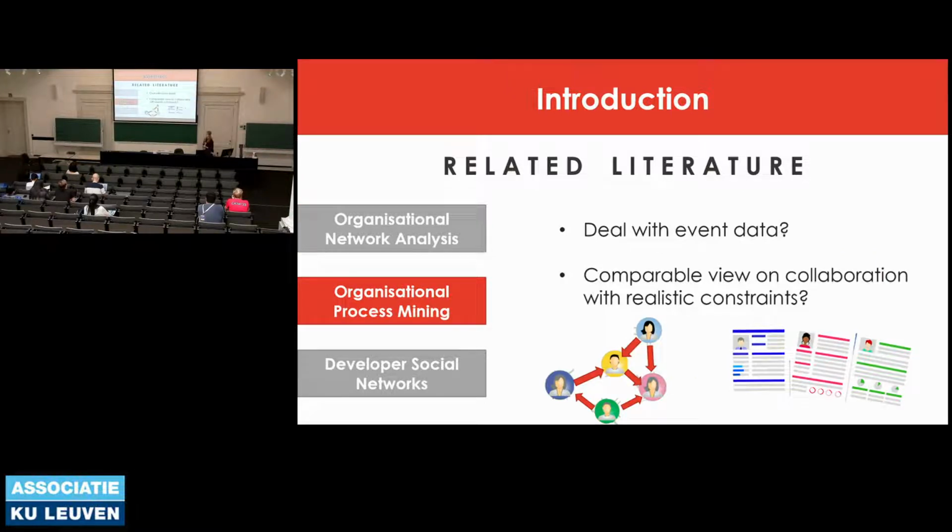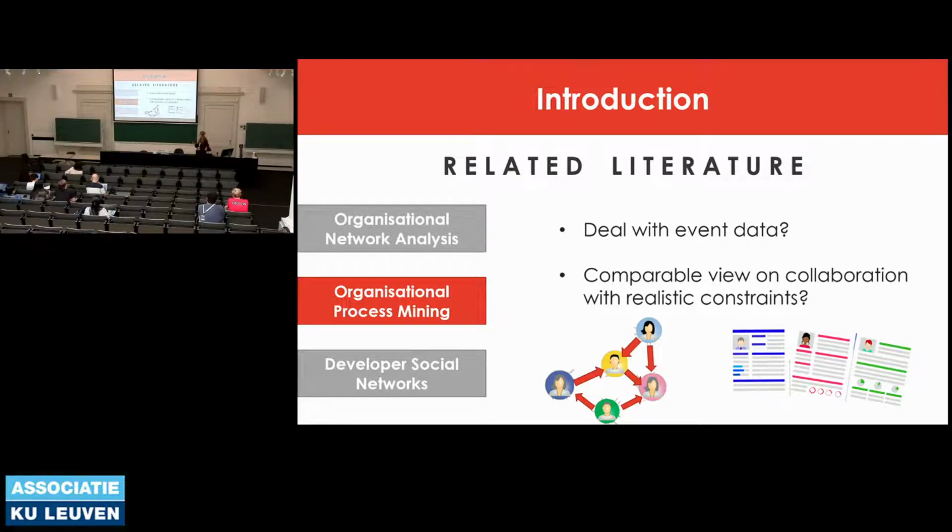Then we have the organizational perspective on process mining. Process mining, for those who don't know what that is, deals with events on a process that are captured in a process-aware information system, and they try to get insights on the process, for example, the process flow. The mismatch is that they do not always have a comparable view on collaboration as in my use case.